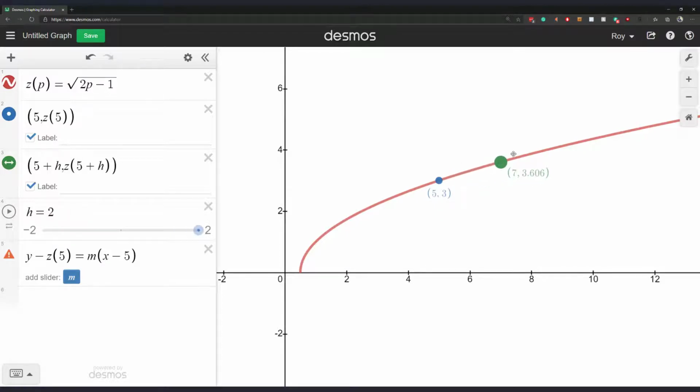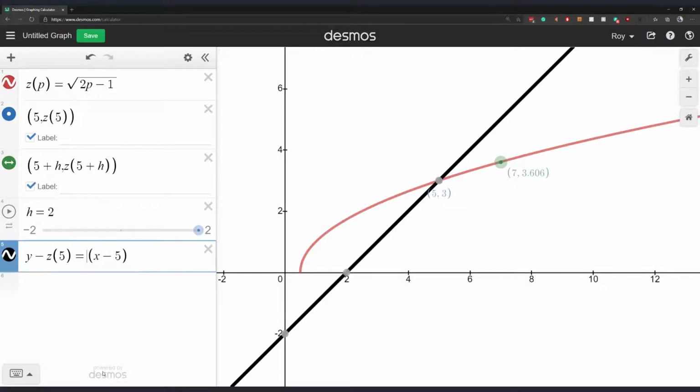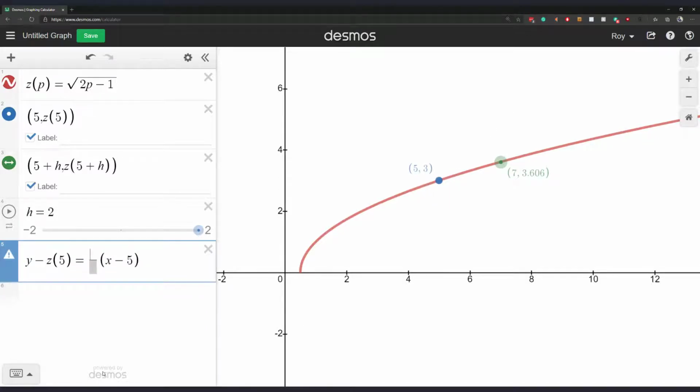Remember, the slope is actually the difference quotient. So if I replace m here with a fraction and type in the difference quotient, which was f of a plus h, except our function name is z, so z of a plus h minus z at a, all over h.